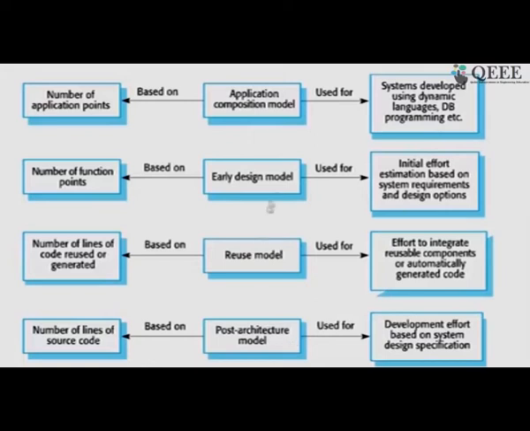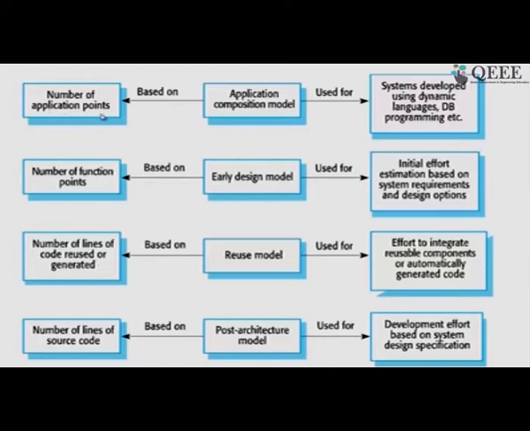As mentioned, in the early design model we use function points, and in the post architecture model we use lines of code as the basic size estimate. The application composition model is used even before we have completed the requirements, when we do not even know the function points.